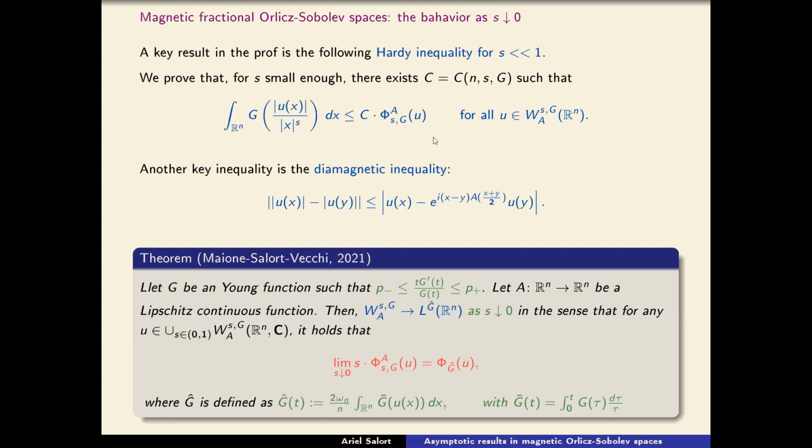And another key point, in order to connect this Hardy inequality with this problem, is the diamagnetic inequality, which is very useful and allows us to connect this expression, which is complex, with this one, which is real in some sense.